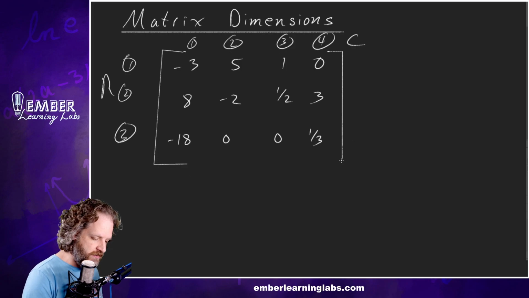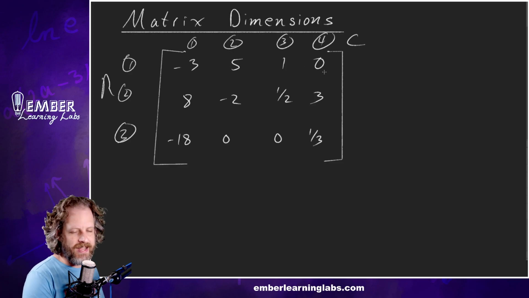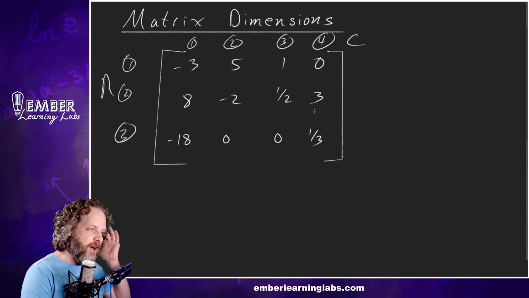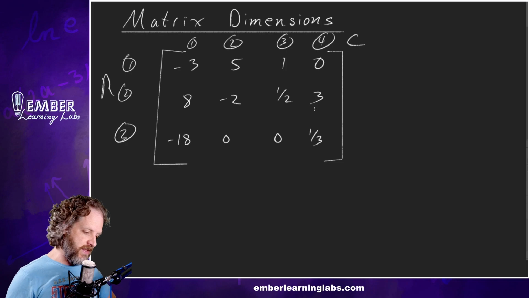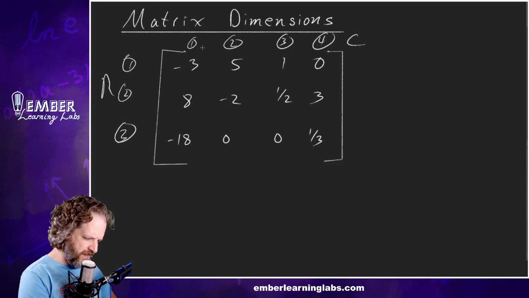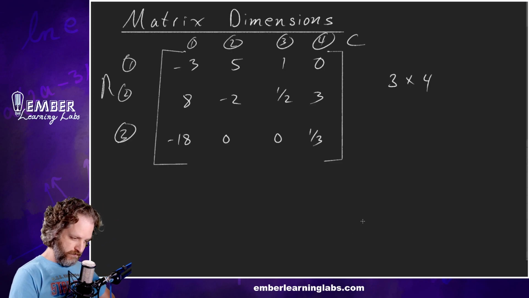So this is a matrix, a table of values. They can be expressions, they can be letters, all those things, but usually, especially right now, we're talking about numbers in this matrix. So this example matrix would be a 3 by 4 matrix.